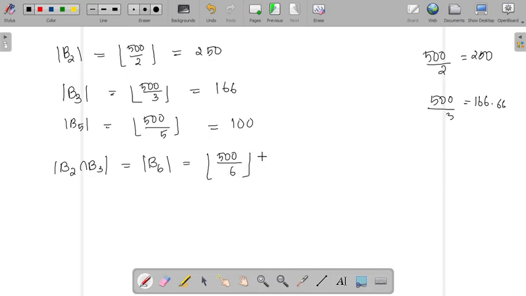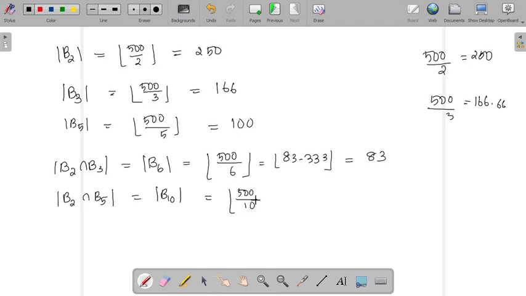So let us look at the value of 500 by 6. That will be 83.33, so the integer part is 83. Again we look at B2 intersection B5. That will be cardinality of B10, so that is 500 by 10, and you will get 50.